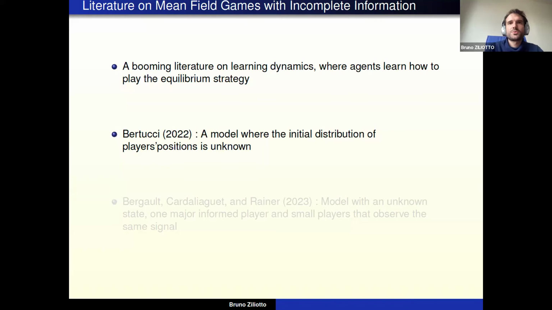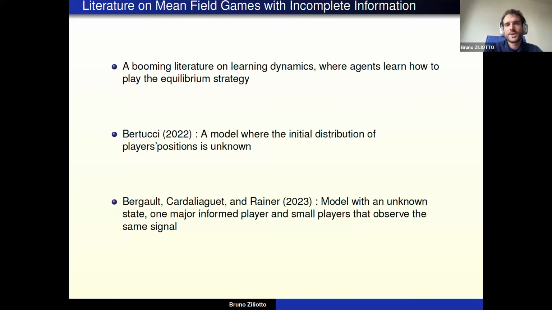Two related papers are a recent one by Bertucci, where they study an MFG game system where players do not know the initial distribution of players. So this is one of the first works, I think, on incomplete information.